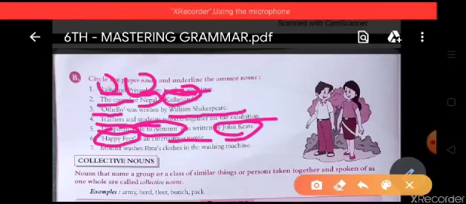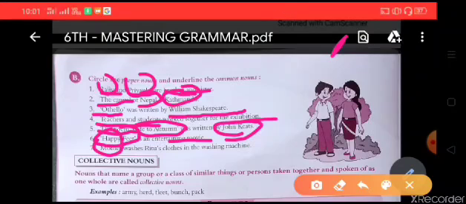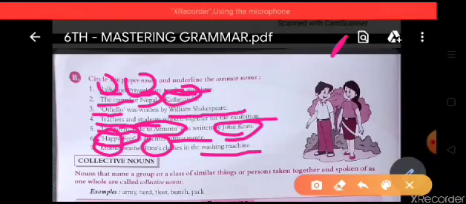Now next is Munir washes Ritu's clothes in the washing machine. So Munir and Ritu are both proper nouns. Washing machine is a common noun.